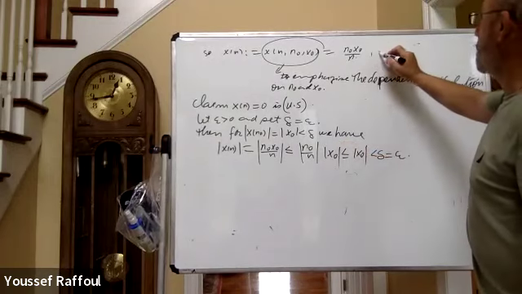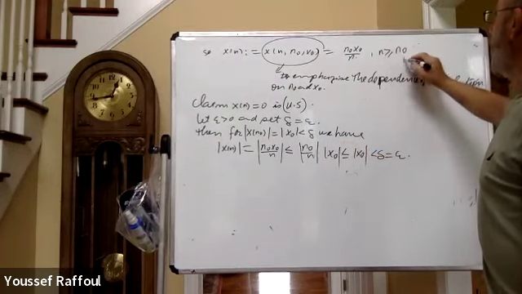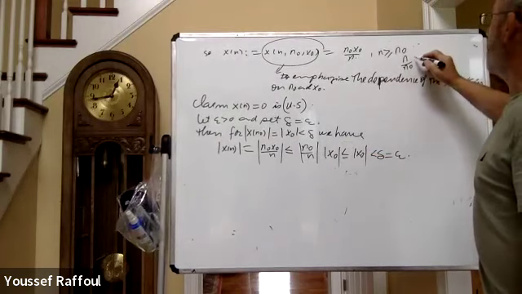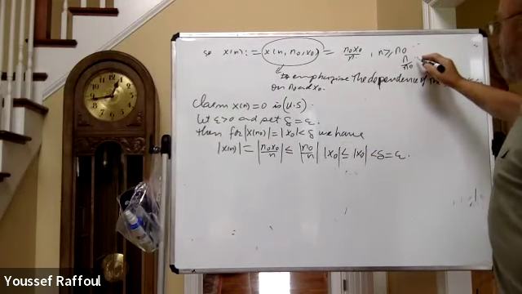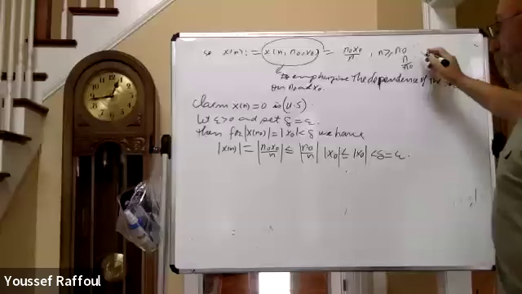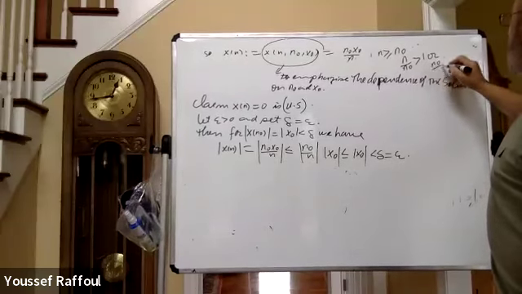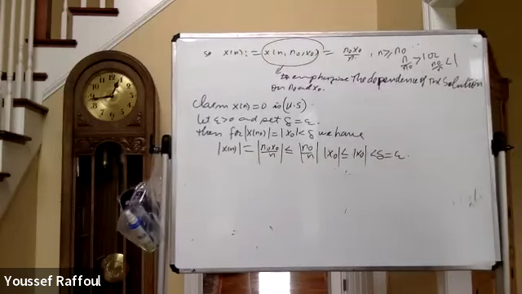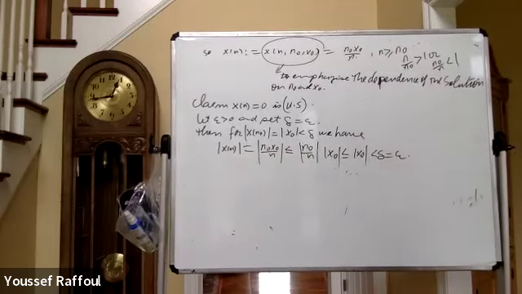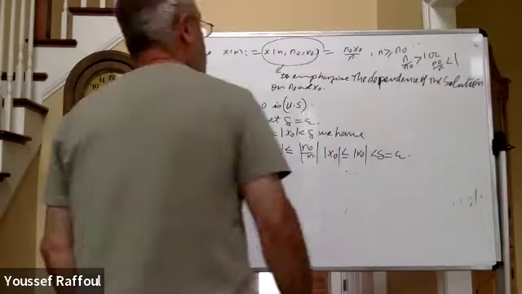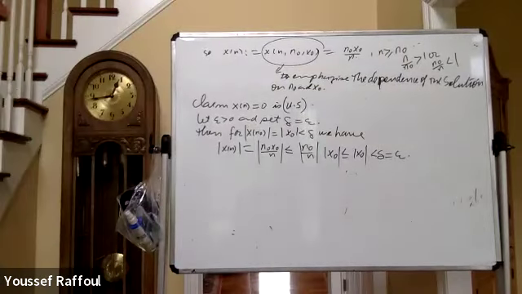Remember, the system is n bigger or equal to n0, so n over n0 is bigger than 1, or n0 over n is less than 1. So it's uniformly stable.